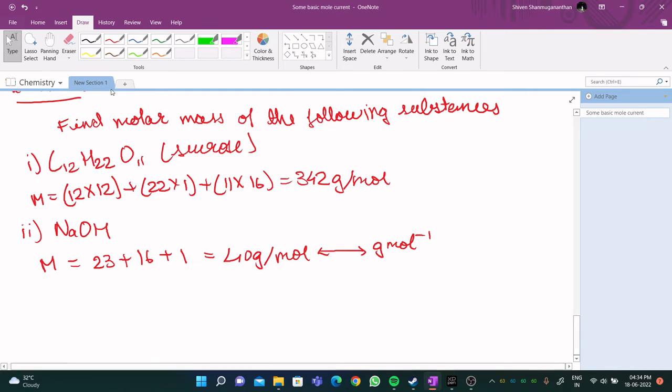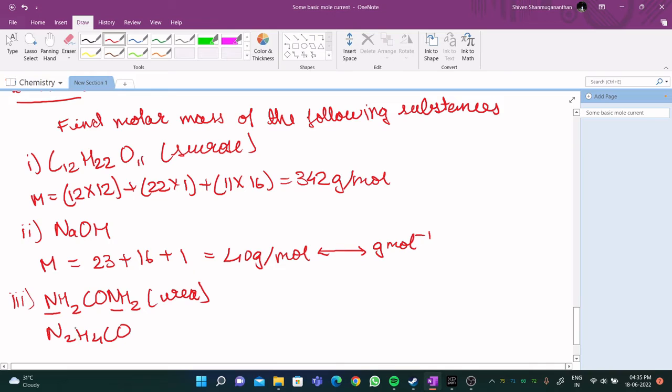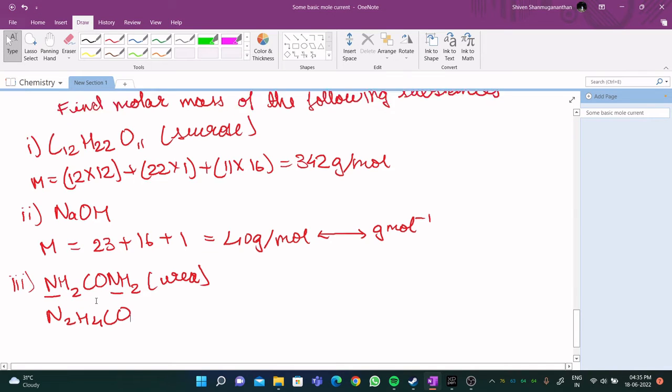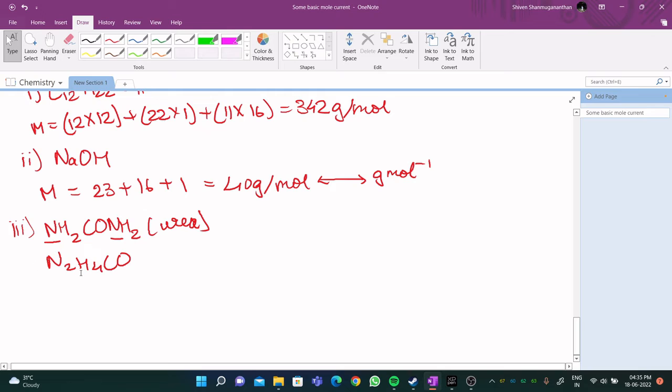We'll do one last example, urea. Urea is written as NH2CONH2. Now, if we compress this formula, because these are repeating, we get N2H4CO. This is normally not represented like this, but just for the sake of convenience, we are compressing the formula.